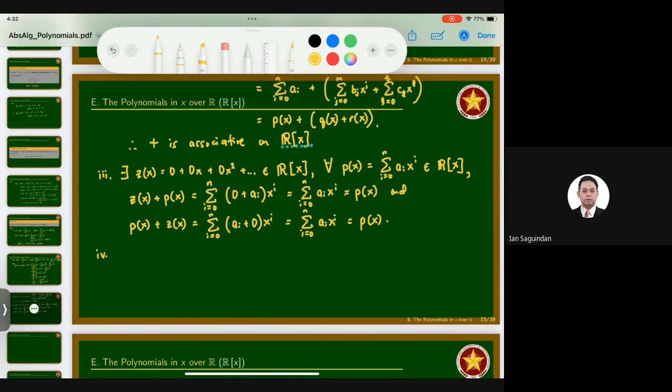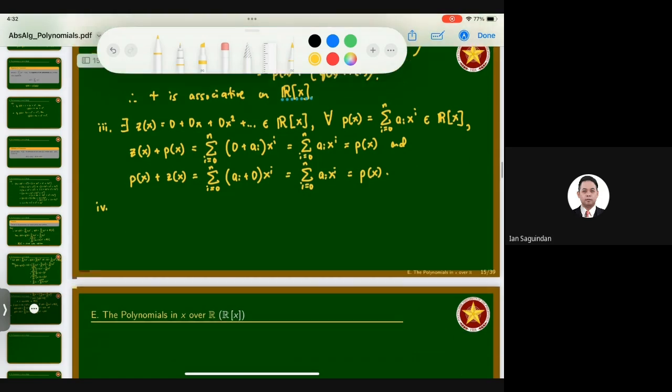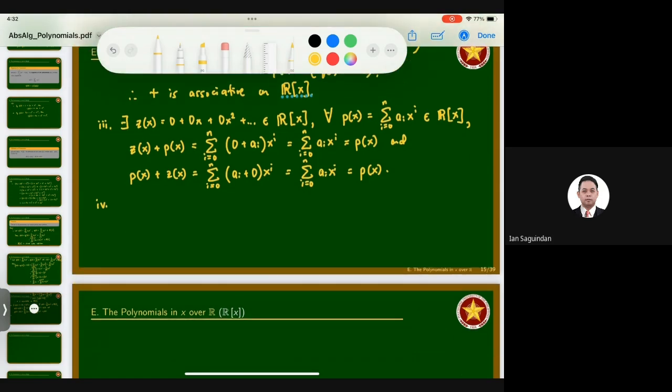Likewise, I believe you already have the hint on how we're going to introduce the inverses. So that for every polynomial that you know, p of x, we can always declare the negative of the given polynomial.